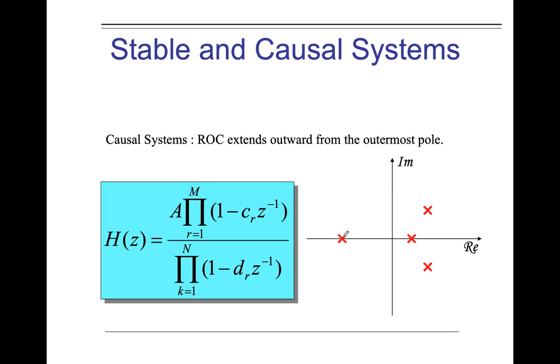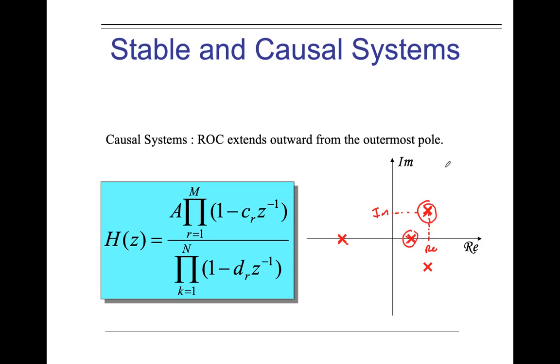Here are my poles. What does this kind of a pole mean? Arkadaşlar, what does this pole mean? It is not on the real axis. What does this mean? It's a complex number, right? It has a real part and an imaginary part.